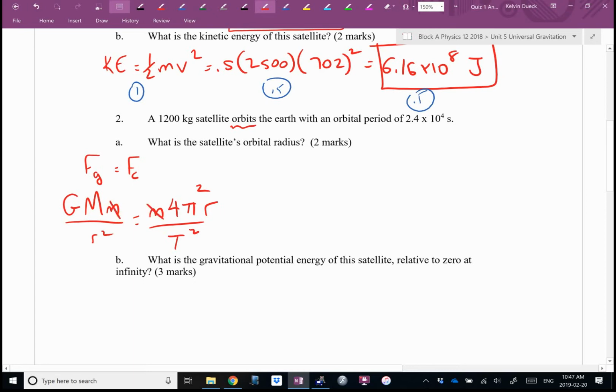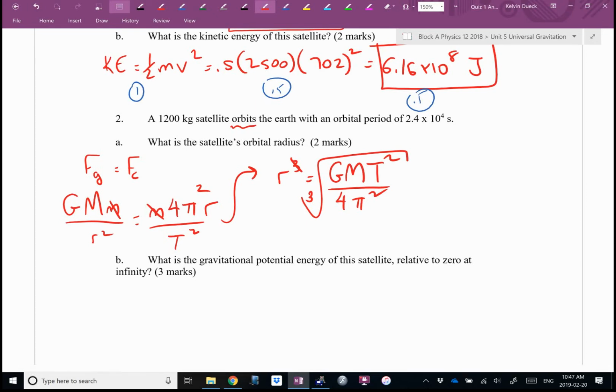Again, little m cancels. They want the orbital radius. I think here I'm going to get r cubed equals big G, big M, T squared over 4 pi squared. And then how do I get rid of a cube? Cube root. Oh boy, nice to use the cube root function for a change.